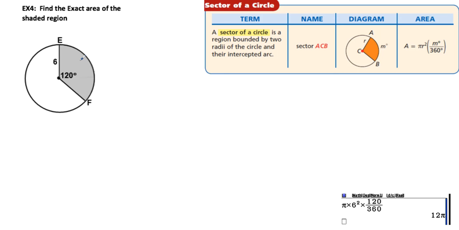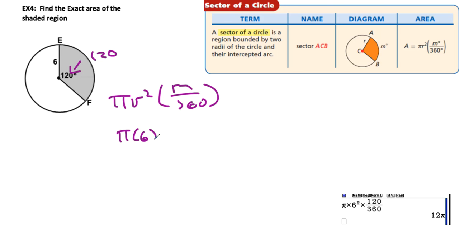So real quick, here is my measure of the arc, 120 degrees. There's my radius. So we're just going to plug it into our formula of pi r squared times m over 360. So in goes my r, so pi times 6 squared times 120 over 360. We already established that's just 1/3. 1/3 of 36 is going to be 12.